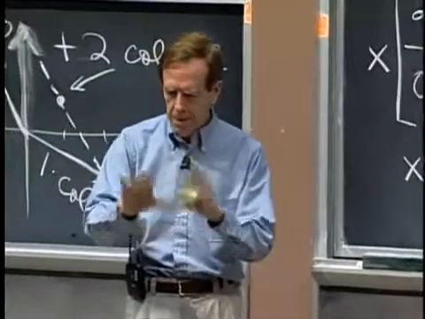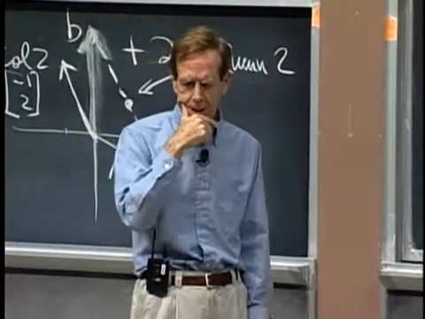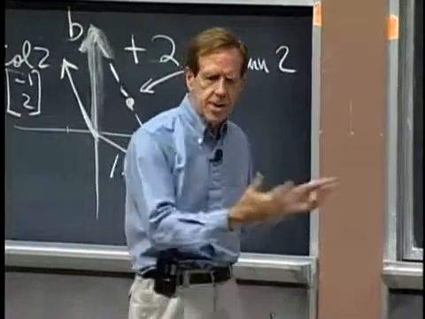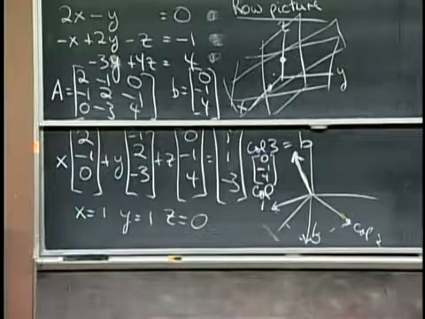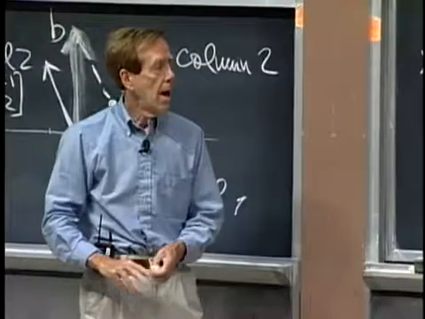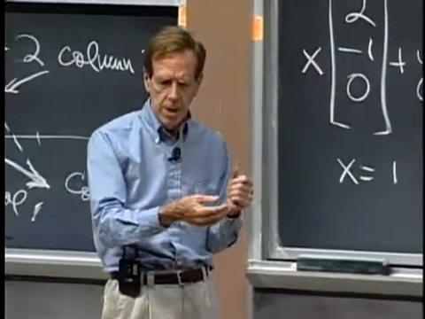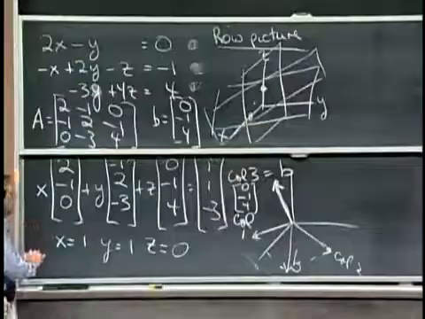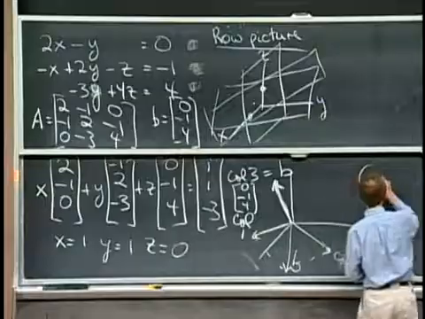But now think about all B's, all right-hand sides. Can I solve these equations for every right-hand side? Can I ask that question? So that's the algebra question. Can I solve Ax equal b for every b? Let me write that down.